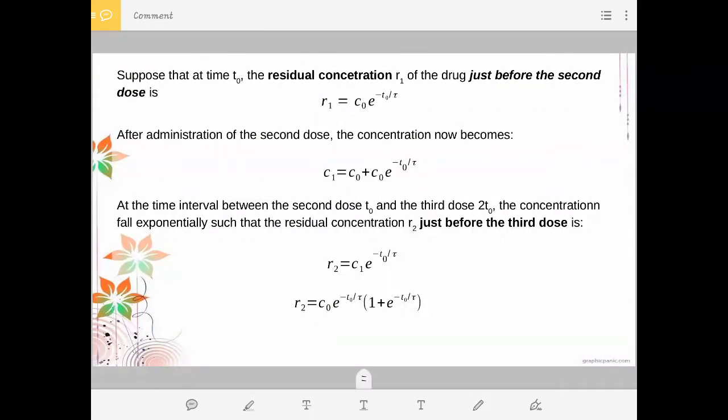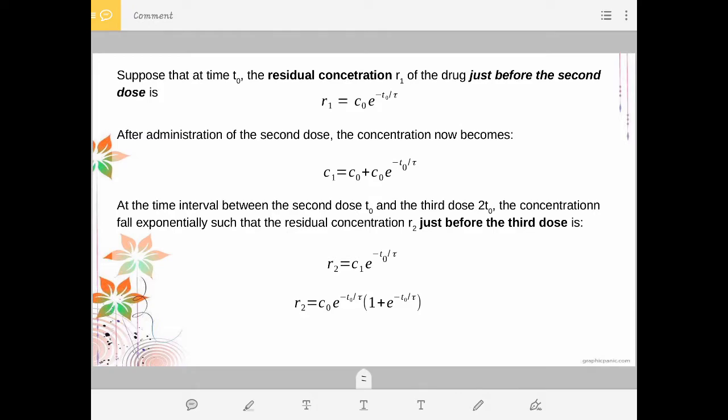Now, suppose that at a certain initial time, t0, we have our residual concentration R1. So let's say that the drug was administered sometime before. This is the residual concentration just before the second dose.